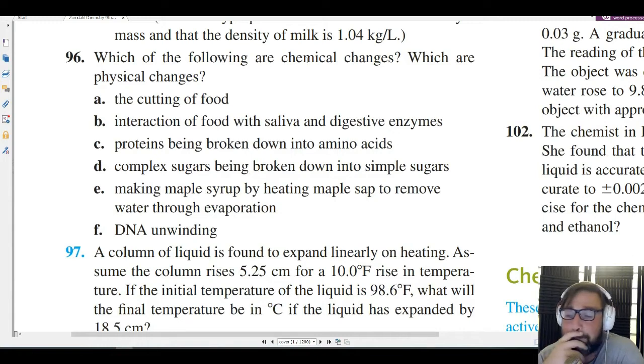Cutting anything is not going to lead to a chemical reaction. So, no, not a chemical change. The interaction of food with saliva and digestive enzymes. Yes, this is a chemical reaction. It is the making and breaking of bonds. Proteins being broken down into amino acids. Yes, this is also a chemical change.